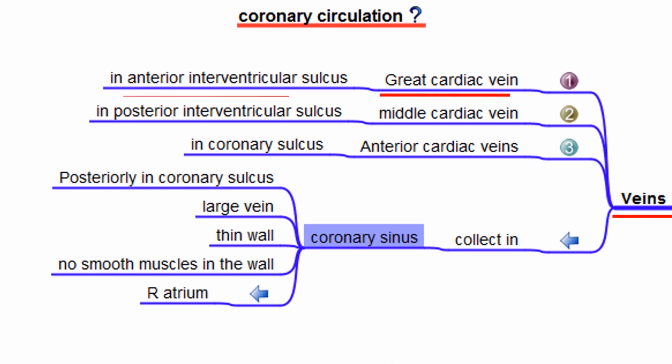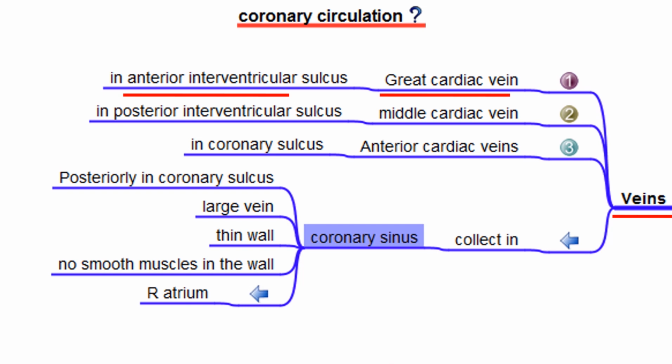The great cardiac vein is found in the anterior interventricular sulcus, running along the anterior interventricular artery, which is also called the anterior descending artery.